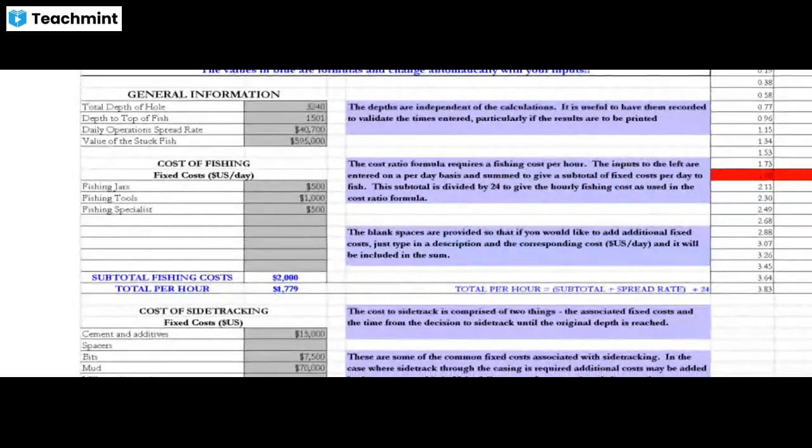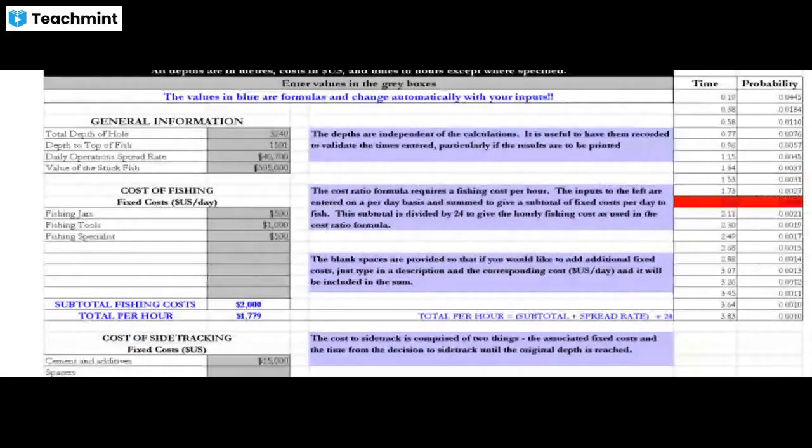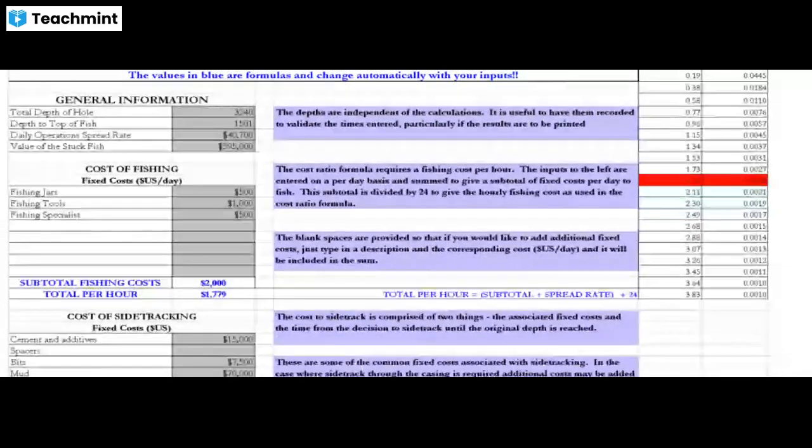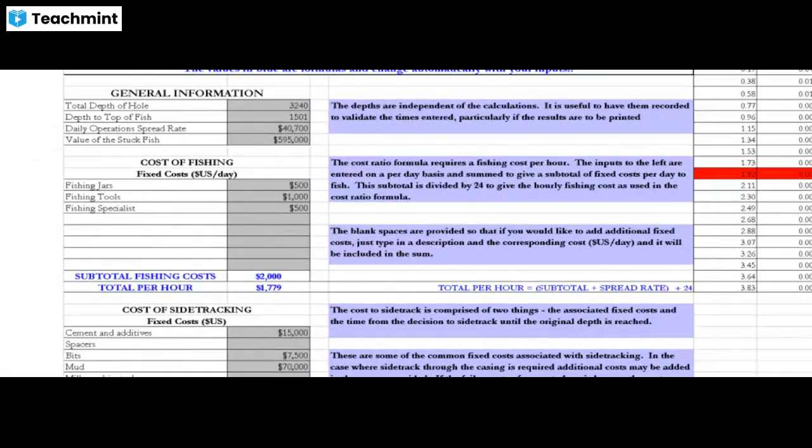And then blank spaces are provided so that if you would like to add additional fixed costs, you can add them to the corresponding cost per day. So we can add it. Total per hour is equal to the subtotal, that is the spread rate, divided by 24.